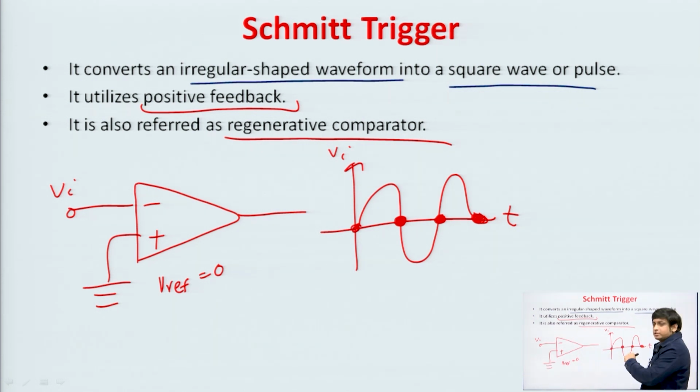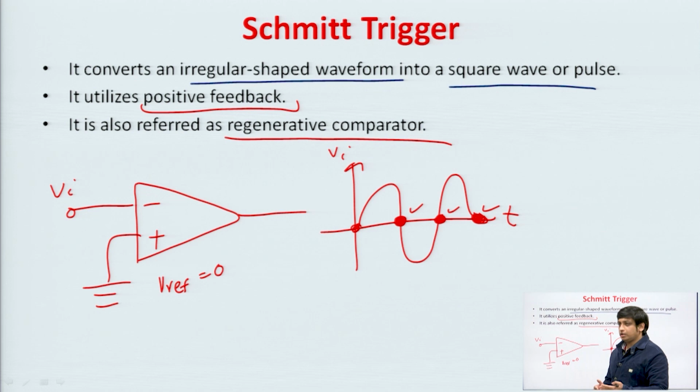So, whenever this sine wave crosses this 0 point, then output switches from plus Vsat to minus Vsat, minus Vsat to plus Vsat.